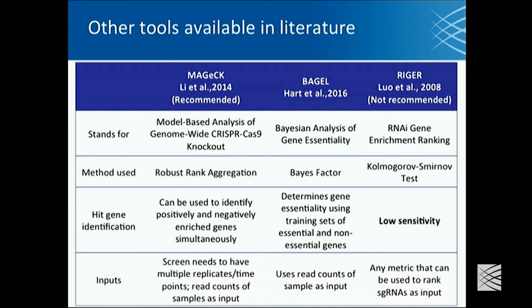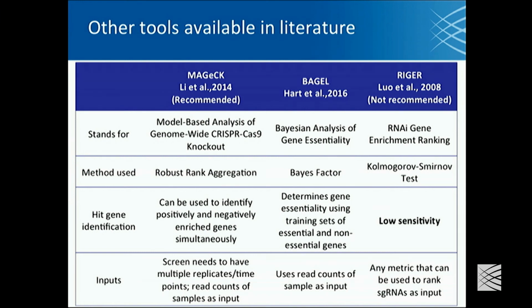It uses the robust rank aggregation, which is a method very similar to those that I just described. And this can be run once to identify both positively and negatively enriched genes. And what you need as input is just read counts of your sample, but I think this algorithm needs you to have multiple replicates or time points in order to analyze your screen.